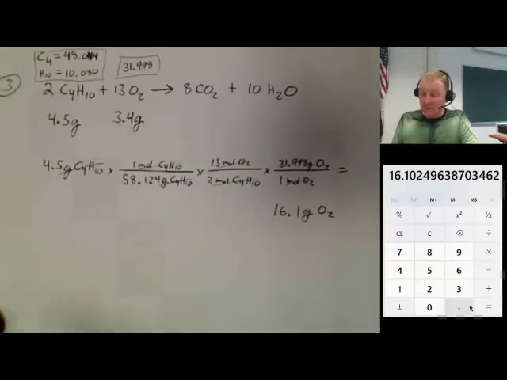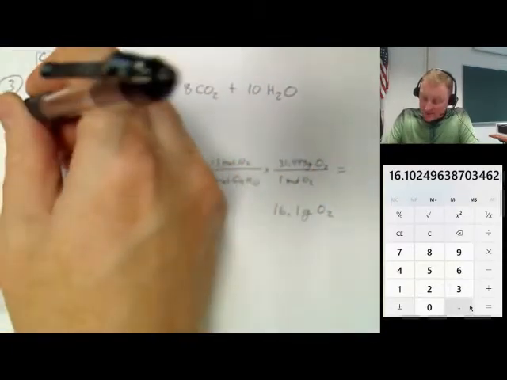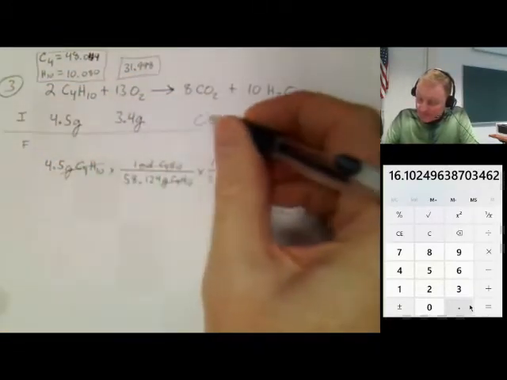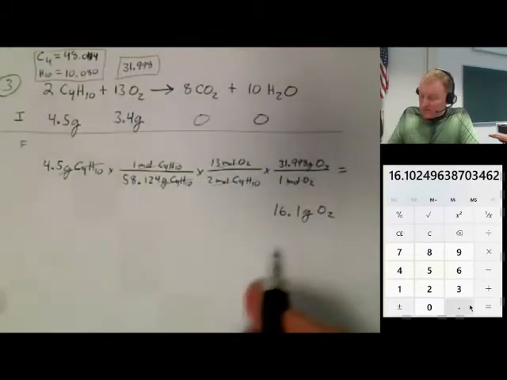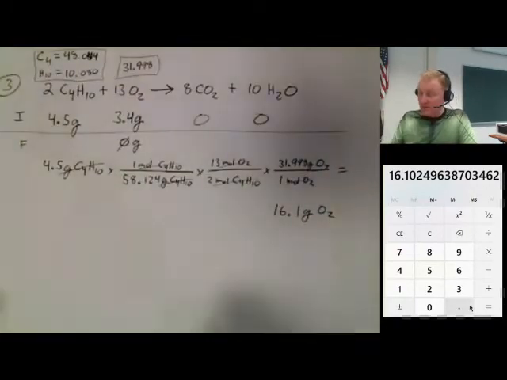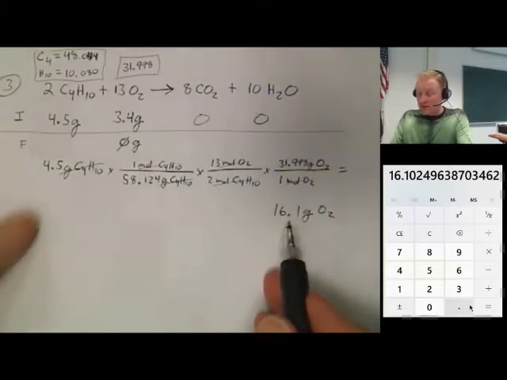Oxygen's going to run out first. So this is my initial and this is my final. I just figured out here, oxygen's going to run out. I'm going to have 0 grams of oxygen because I don't have enough oxygen to burn the butane.